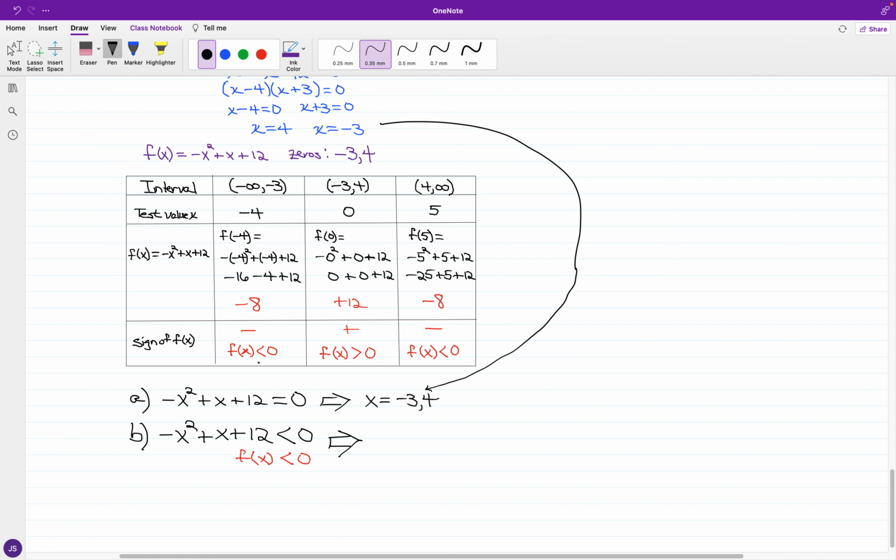And from the table, where f of x is less than 0, we have the first and last subinterval sections. Since there's no equal sign, we just use parentheses as the exclusive grouping symbols. So you have those values of x less than negative 3, along with those values of x which will be greater than 4.